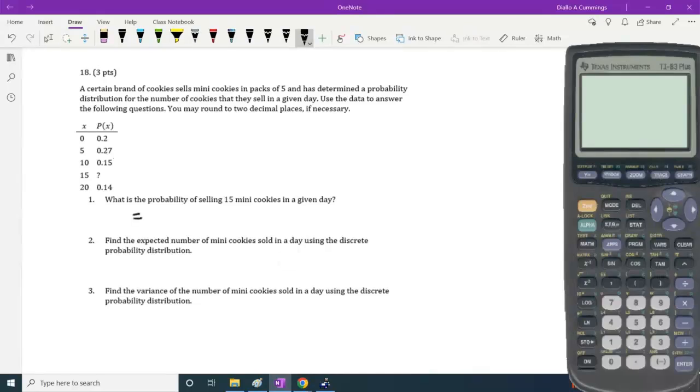This is going to equal 1 minus the sum of these probabilities. So that's 0.2 plus 0.27 plus 0.15 plus 0.14. So what I'm doing is adding up all the probabilities and then subtracting from 1.